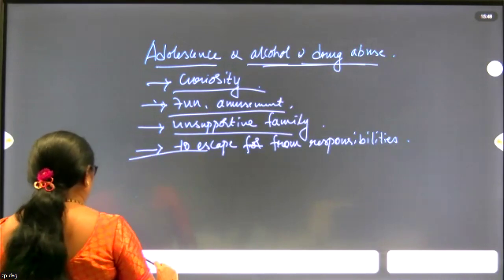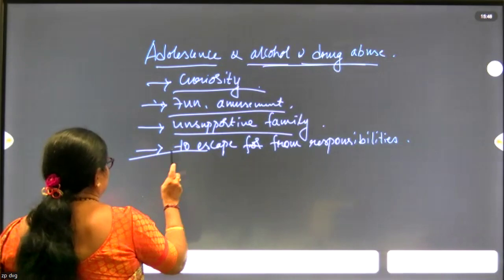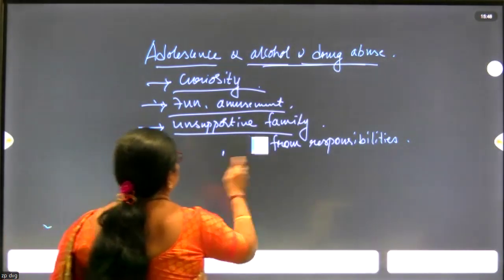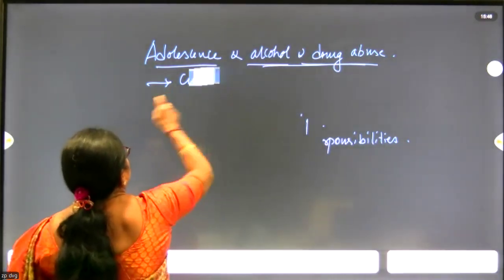What are the symptoms that can be seen in such people who have this habit of alcohol or drug abuse?